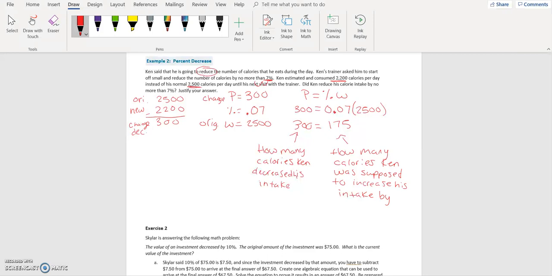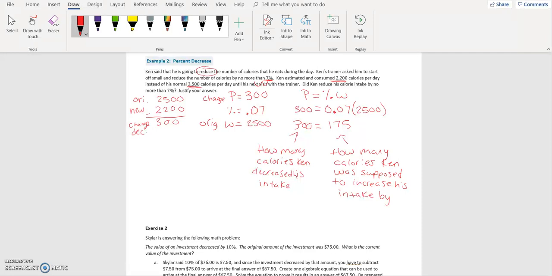Okay, so he decreased it by 300. That was his change, and he was only supposed to decrease it by 7%, no more than 7%. So his number needed to be 175 or lower, and so 300 is not that.